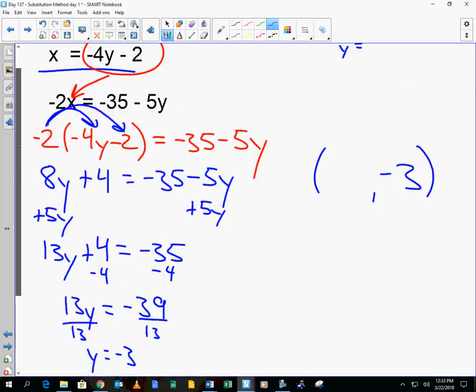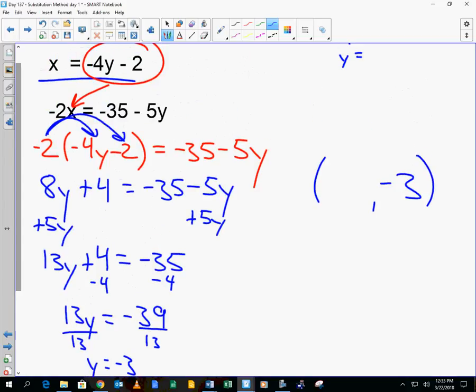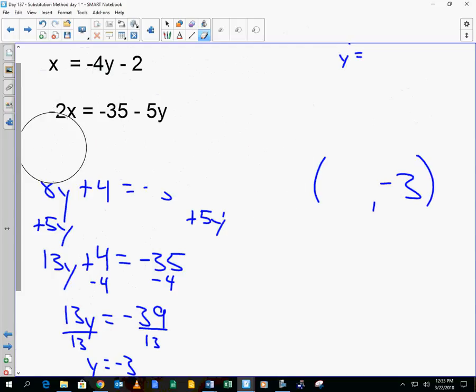How do I come up with the x? So I take the negative 3 right there. Negative 4 times negative 3 is positive 12. Minus 2 is 10. Very good. Your answer is right there.